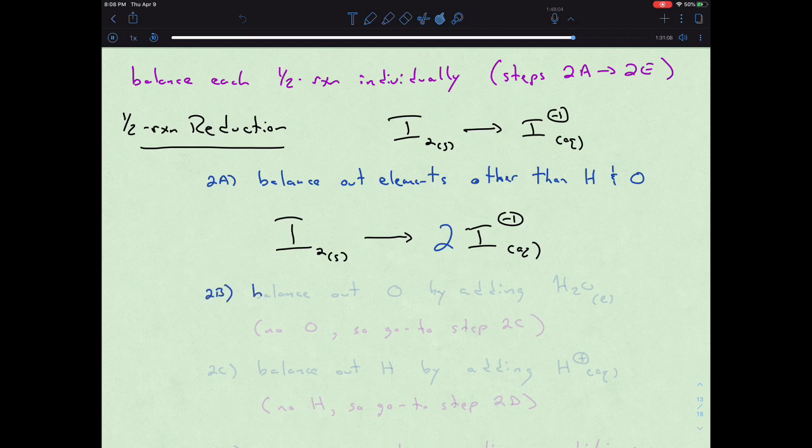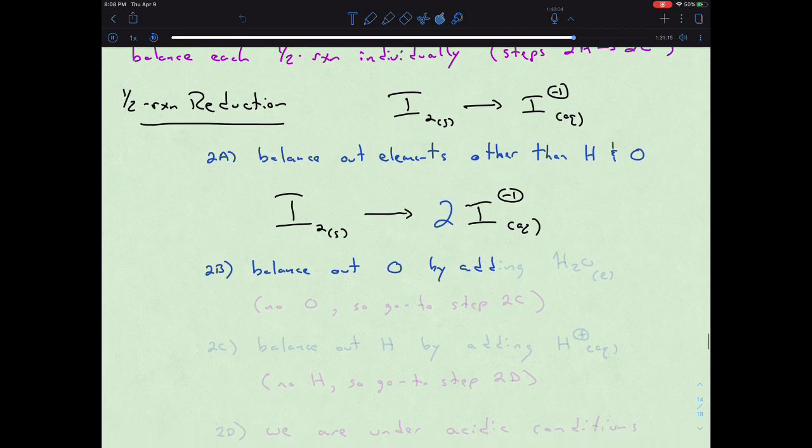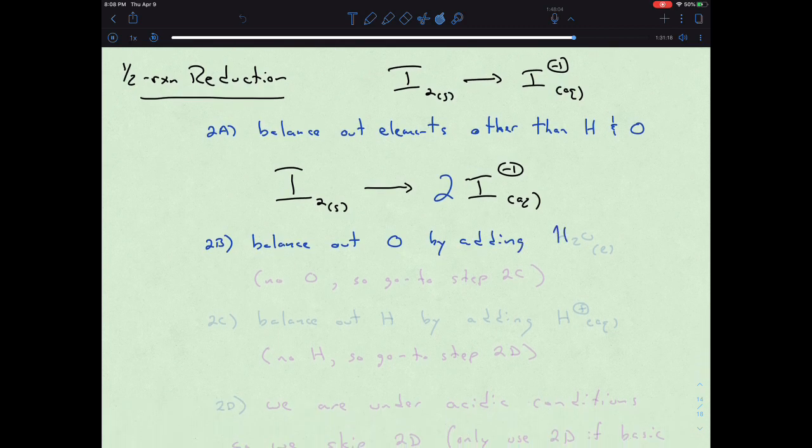2B, we balance out oxygen by adding H2O. In this case, there's no oxygen, so we can go to step 2C. 2C, we want to balance out hydrogen by adding H+.